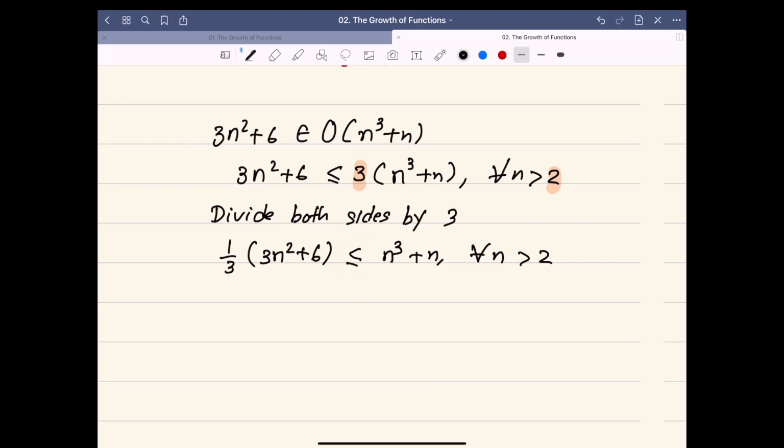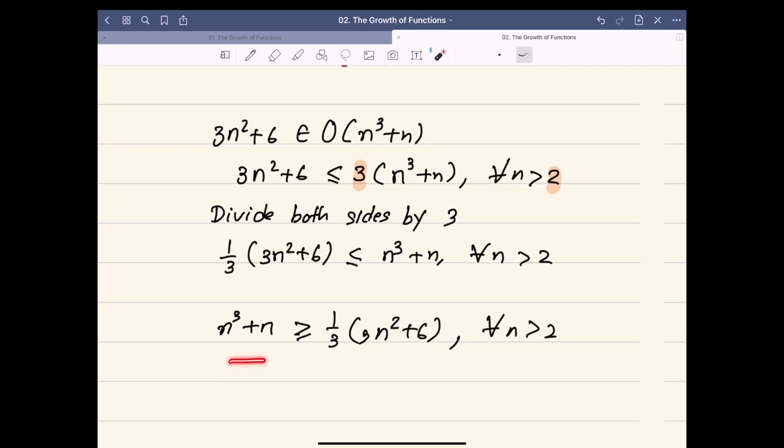So what will we get? We will get n raised to power 3 plus n greater than or equal to 1 over 3 multiplied by 3n squared plus 6, again for all n greater than 2. Now this is the definition for big omega, and this is the constant. So here we can say that n raised to power 3 plus n belongs to big omega of 3n squared plus 6.